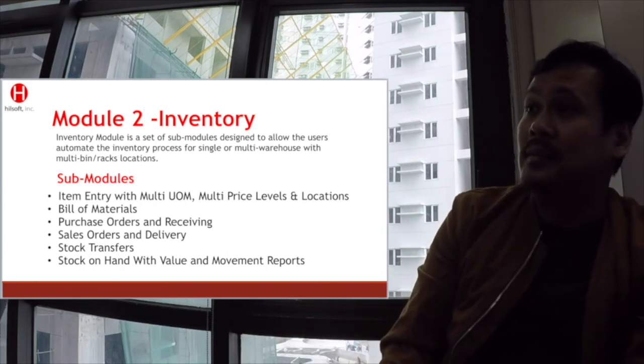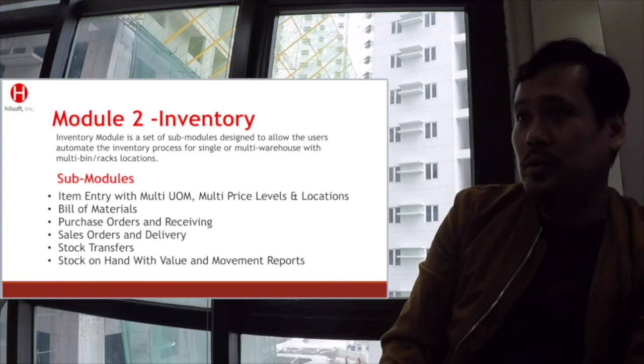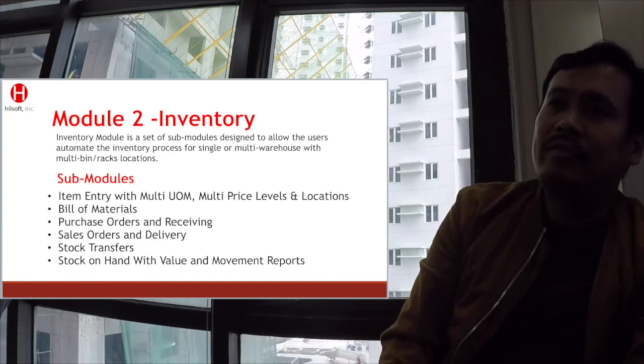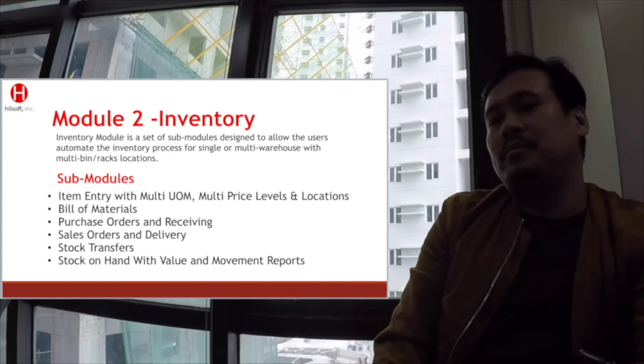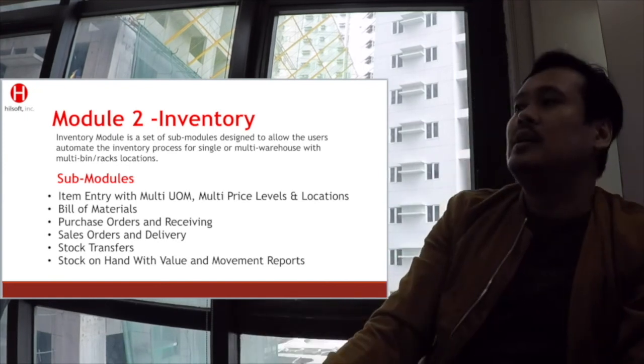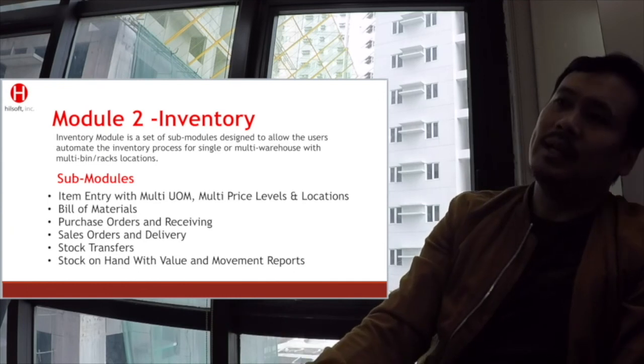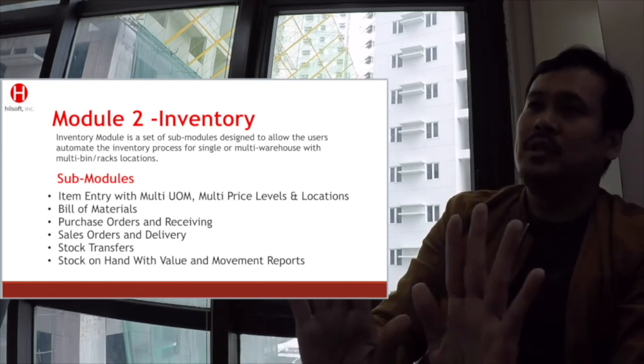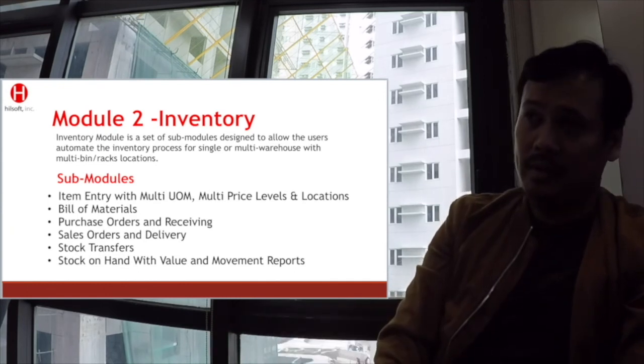Okay? And then it will be used in the end after the production to match between what is the actual issue versus what is the standard BOM or bill of materials. Di ba? So you see the production variance after.